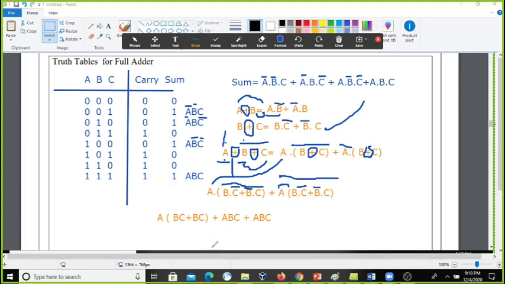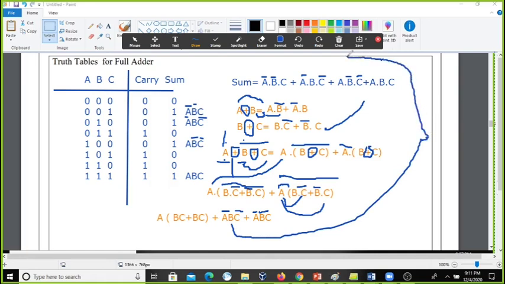When you multiply these two, A bar is one term and C bar is another term. When you multiply these two, you get A bar and B bar and C. So you can see this one is equal to this one, and this one is equal to this one. Is that clear?